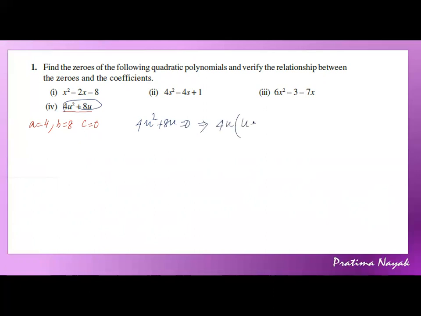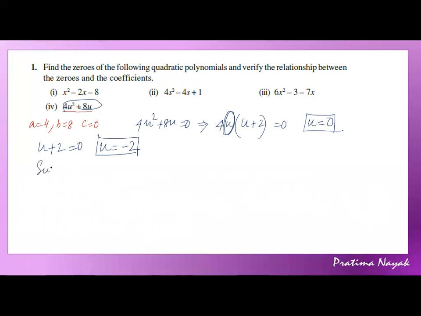You must get u plus 2 is equal to 0. So this is a factor. So u is 0, one zero is 0. Other is u plus 2 is 0. This gives you u is equal to minus 2. So one zero is minus 2, one zero is 0.